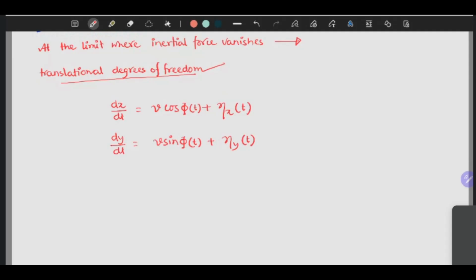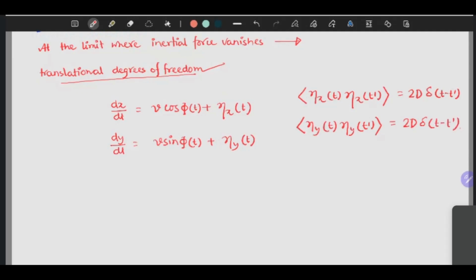Here these are the random velocities. eta_x(t) eta_x(t') is 2D delta(t - t'), and eta_y(t) eta_y(t') is 2D delta(t - t'). Here we have taken a spherical particle, that's why it's symmetric. Okay, so that is the equation.